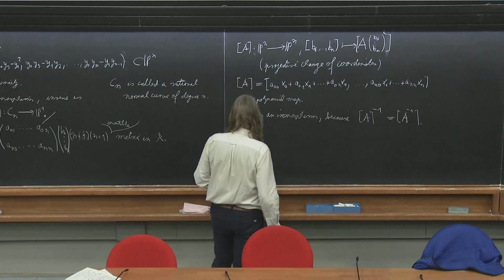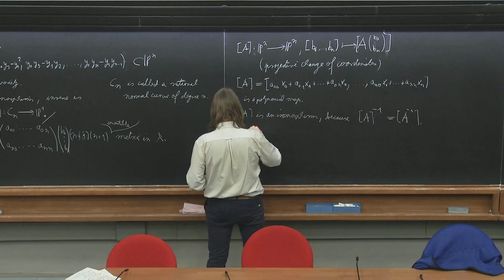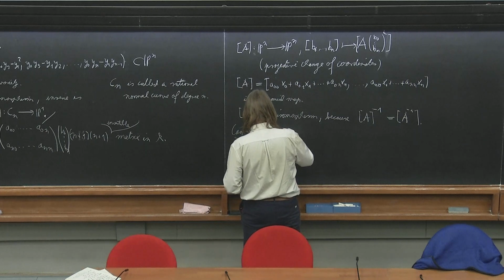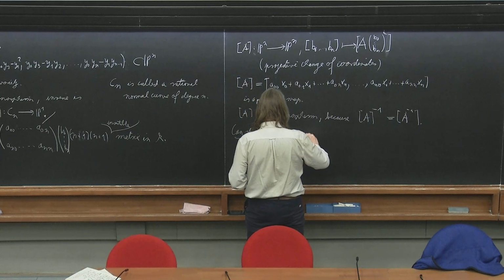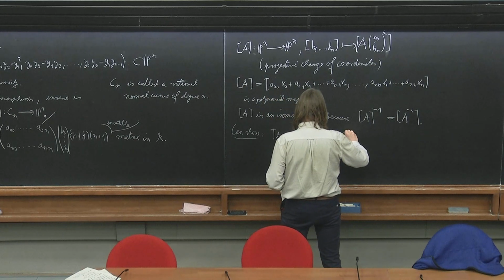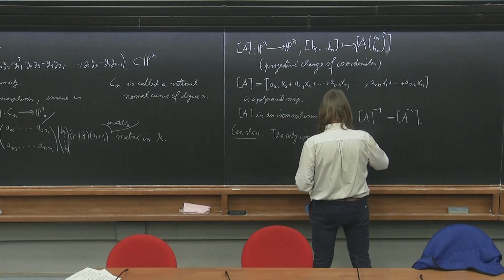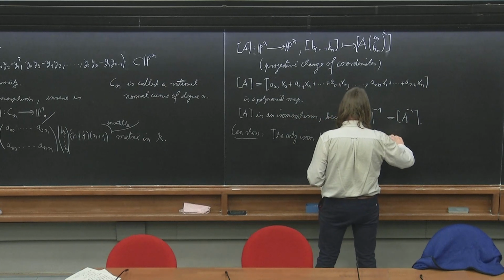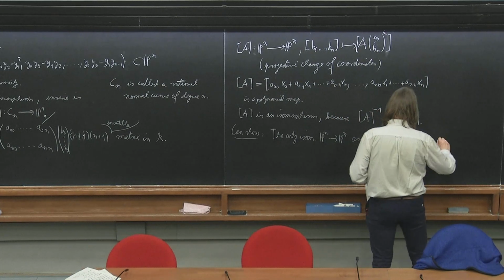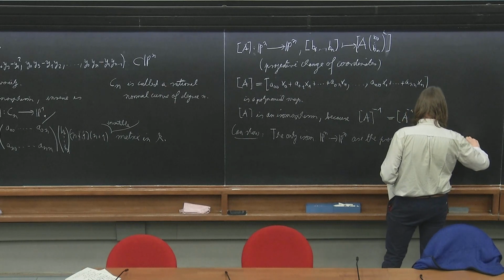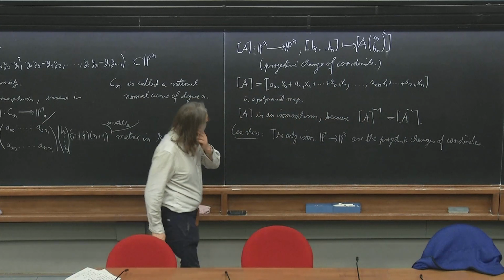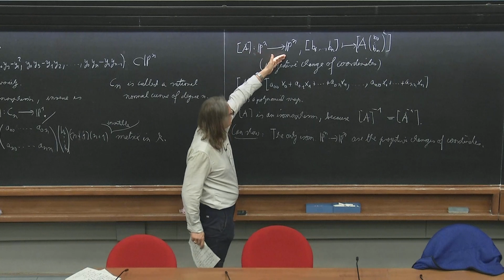One can actually show that the only isomorphisms from Pn to Pn are the projective change of coordinates. On the other hand, you could also say that these are somehow the trivial isomorphisms of this thing to itself.